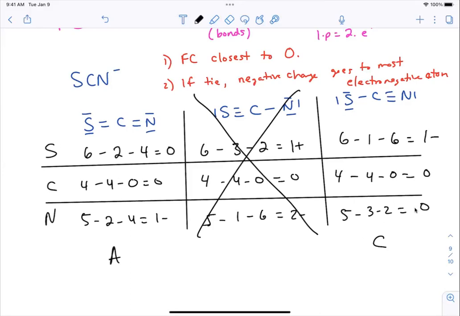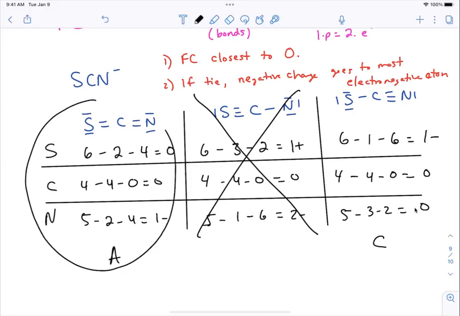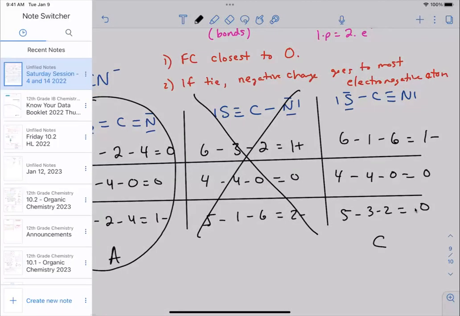Sorry, let me not circle this. So what's the difference between these two structures? Which one is 1 minus? Correct. So you either have it on S or N. Well, N is more electronegative than S, and we can see electronegativity on the data booklet.